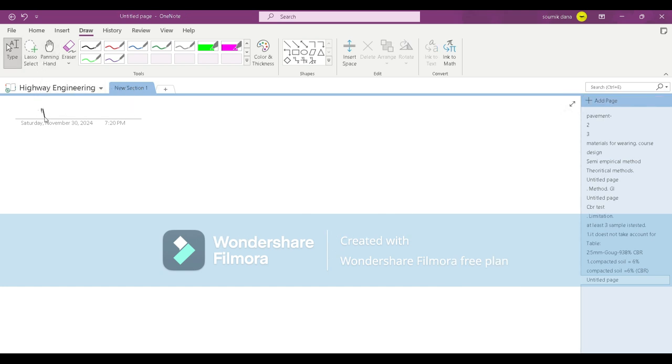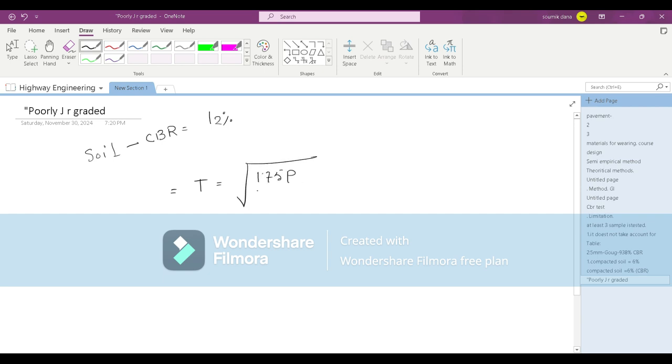Poorly graded soil, CBR is 12%, so T is equal to 1.75 P by CBR minus P by P pi.